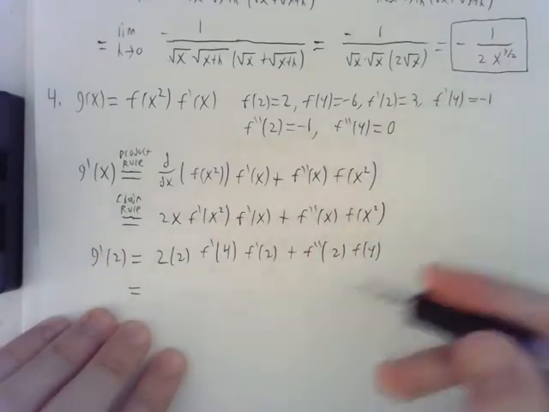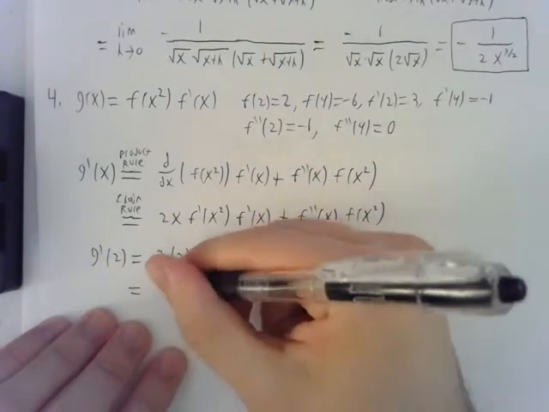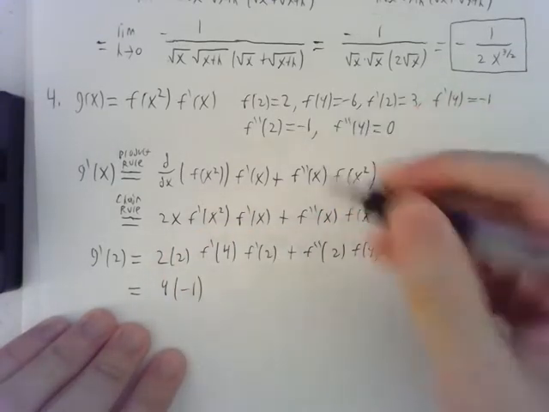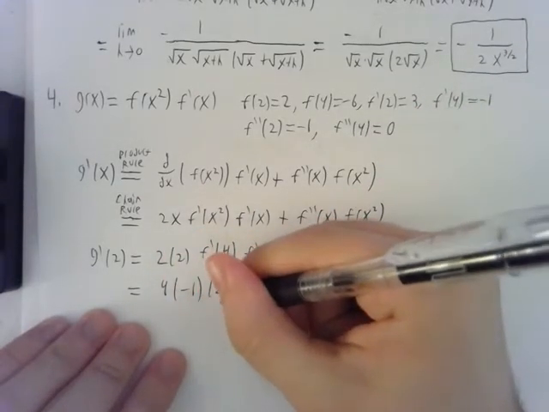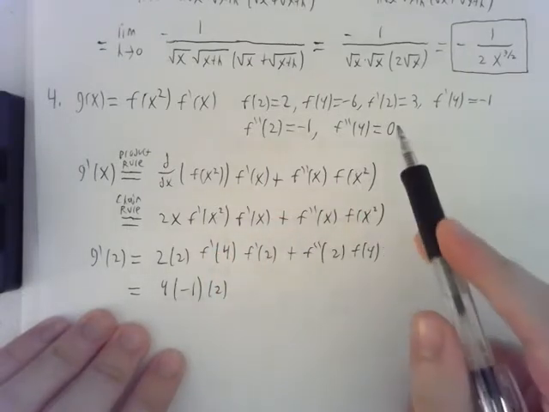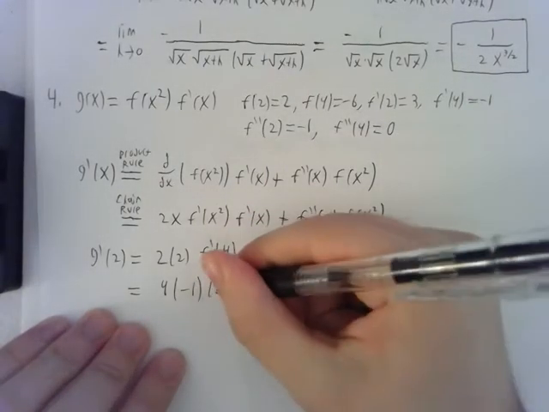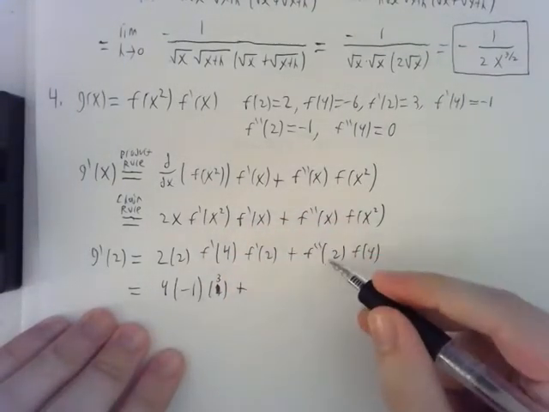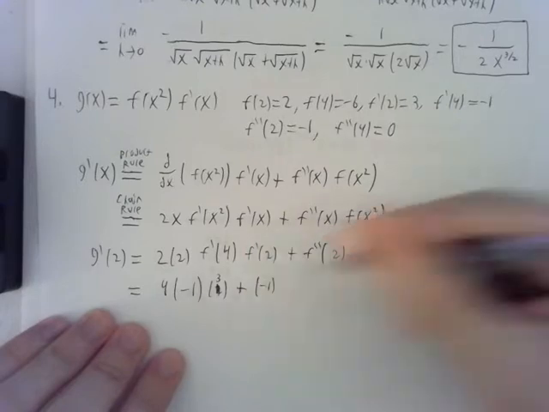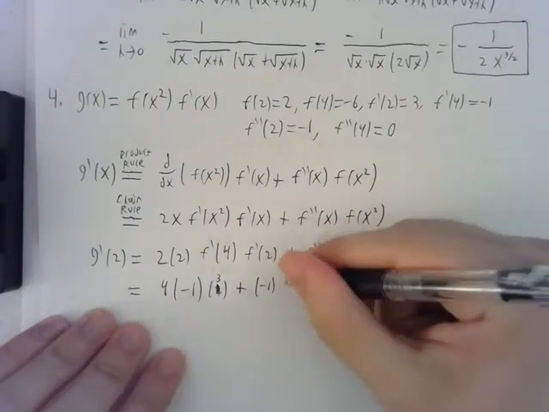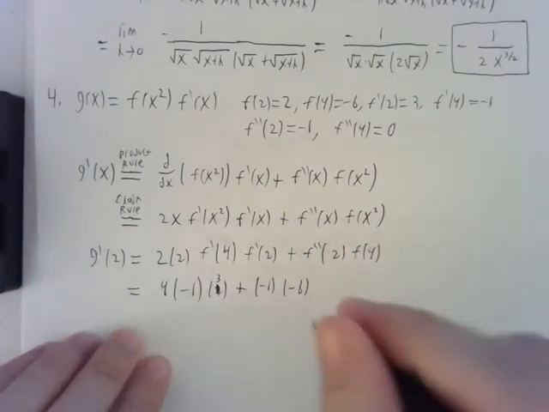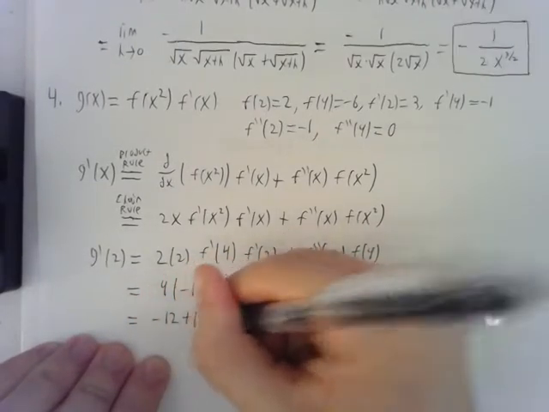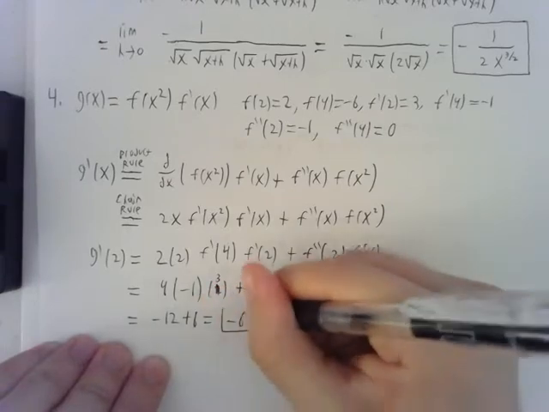Now if we plug in all the information that we were given, we see this is 4, f prime of 4 was negative 1, f prime of 2 was, sorry, f prime of 2 was 3, plus f double prime of 2 was negative 1, and f of 4 was negative 6. So if we simplify this a little bit, we have negative 12 plus 6, or negative 6 as our final answer.